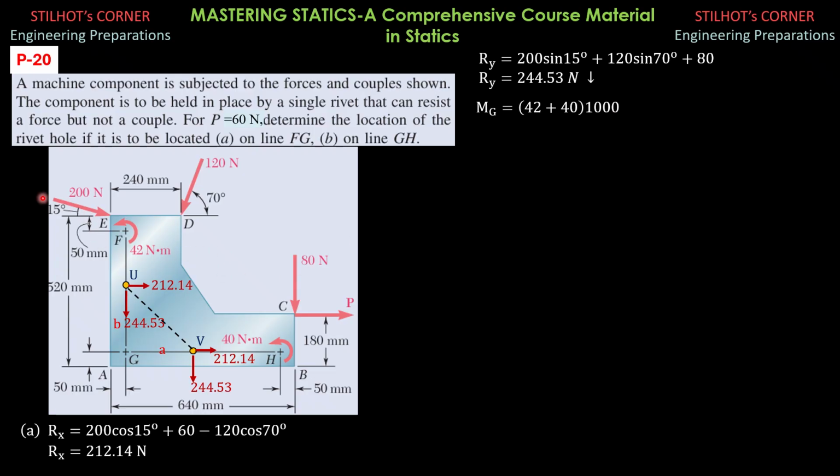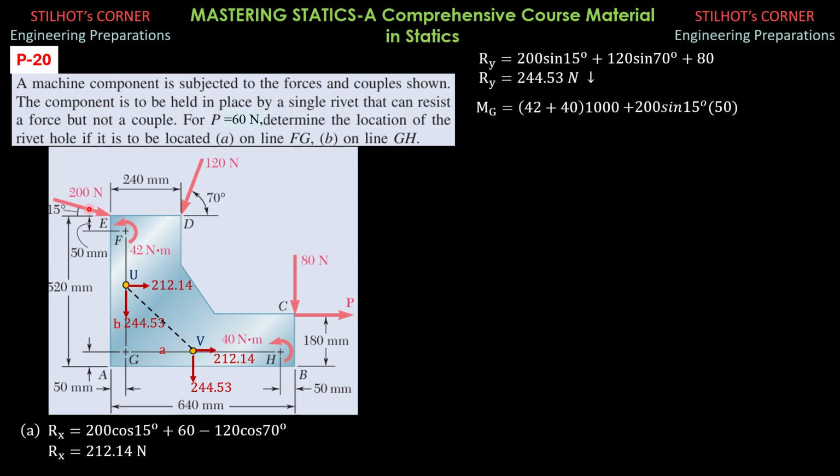Then let's begin with this force here. There are two components, horizontal and vertical. The vertical component is counterclockwise about G, so let's begin with that: 200 sine 15 degrees and moment arm is 50, so plus 200 sine of 15 degrees times 50.